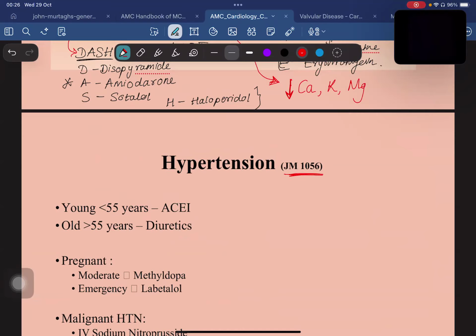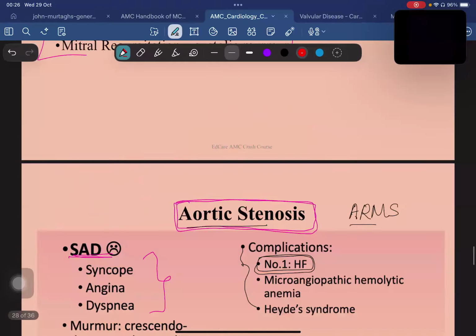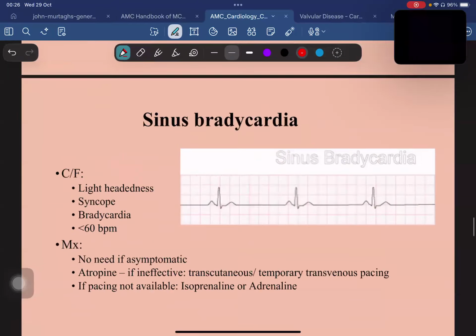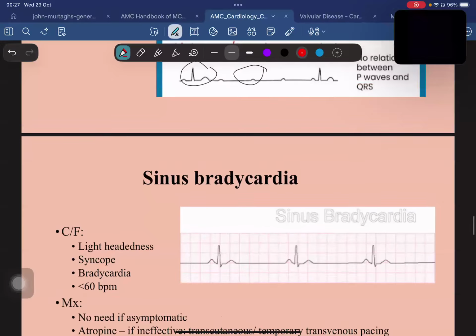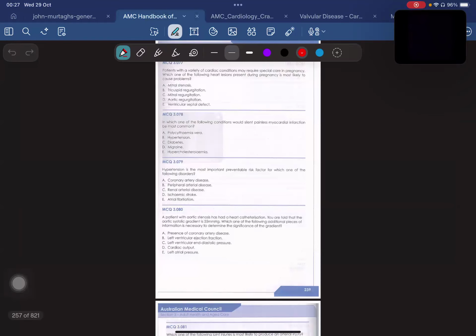If so, we will definitely share it on the group, because when it comes to cardiology, we also have to discuss the valvular part and the vascular parts as well. But the topics that we went through today are the pretty straightforward cardiology topics that would come up in AMC questions.